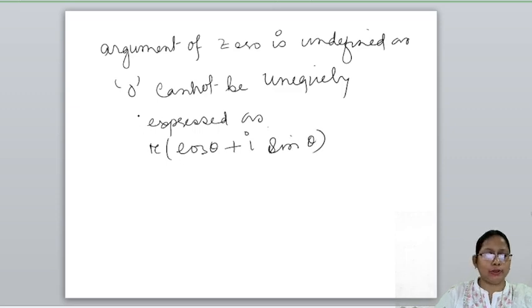There is no unique expression for 0, so the argument of 0 is undefined.